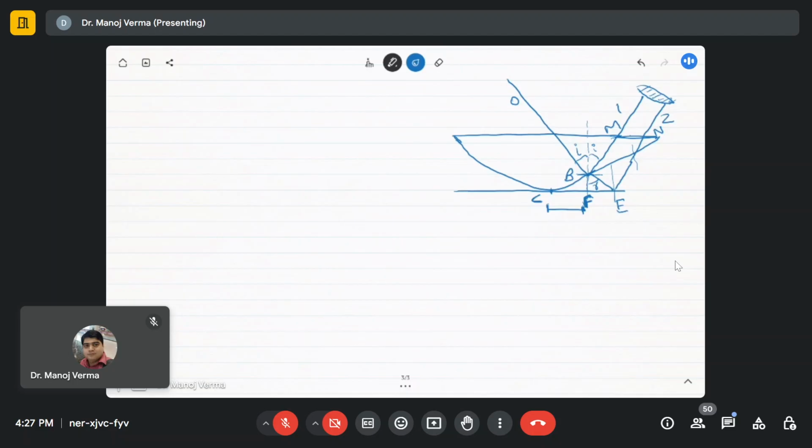Now, the path difference between these two rays, that is ray 1 and ray 2, what will the path difference be, does anyone have an idea? It will be equal to 2 mu t cos r.